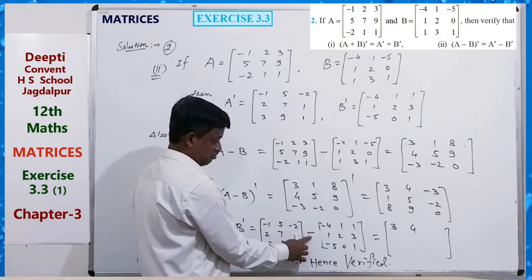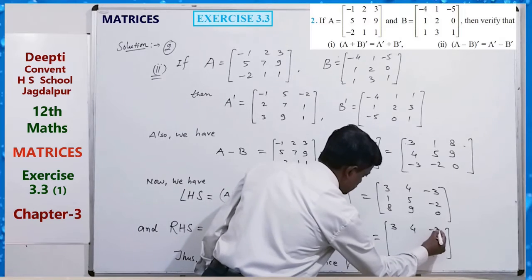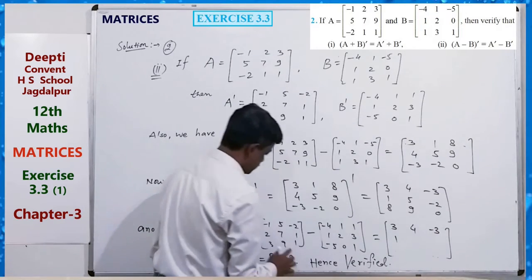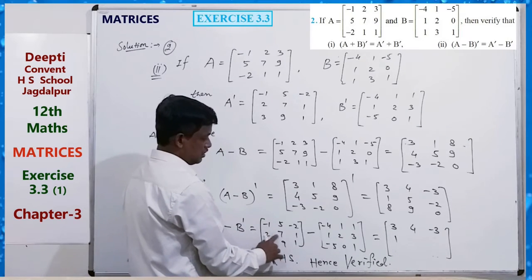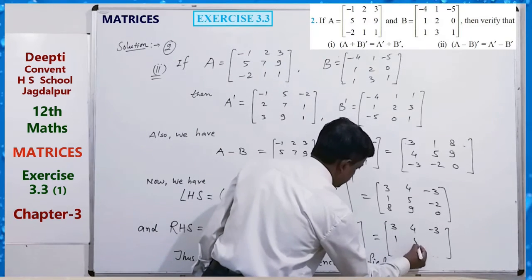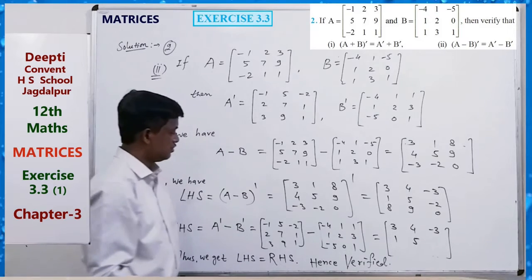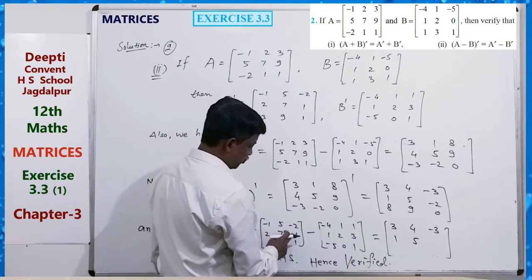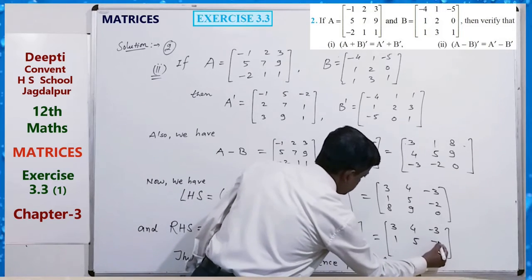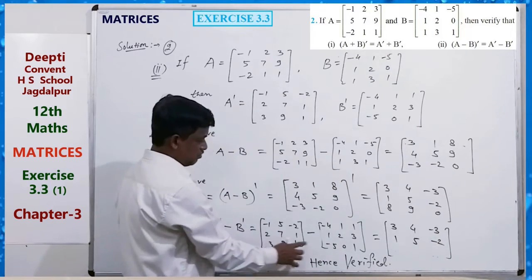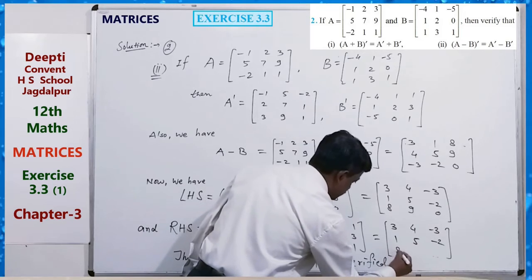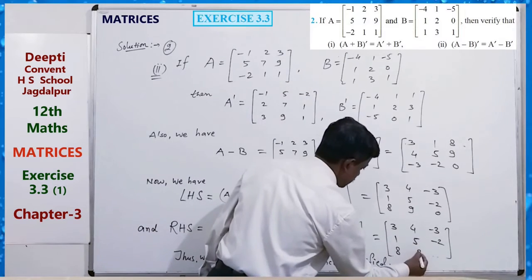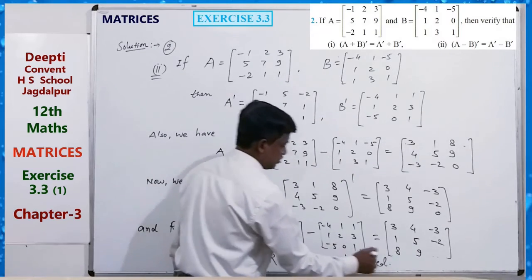Minus 2 minus 1, minus 3. 2 minus minus 1, 1. 7 minus 2, 5. 1 minus 3, minus 2. 3 minus minus 5, 8. 9 minus 0, 9. 1 minus 1, 0.